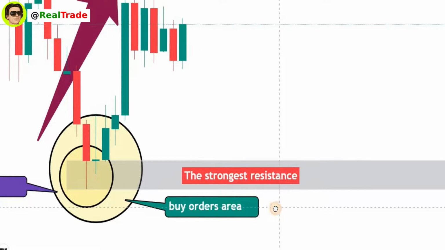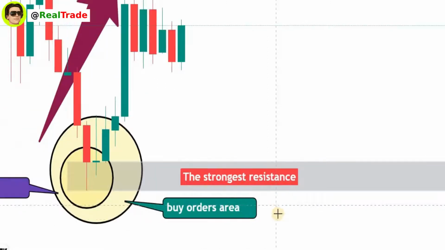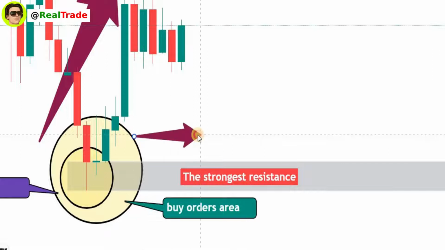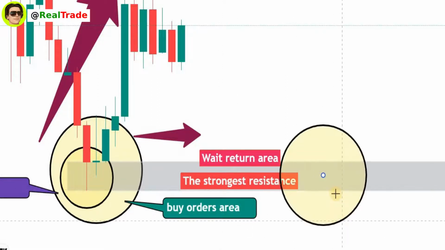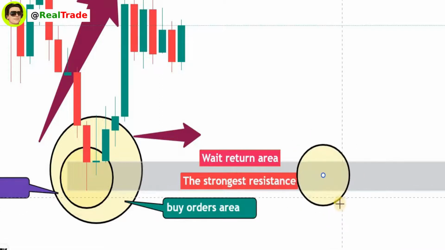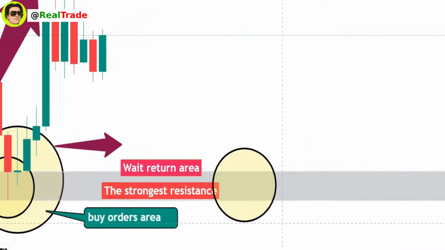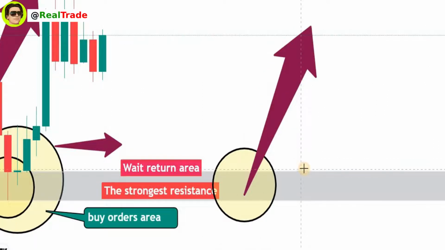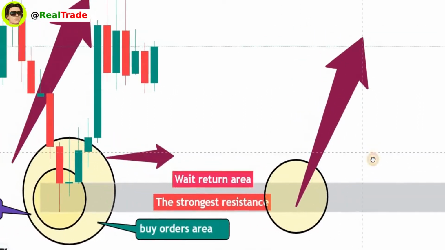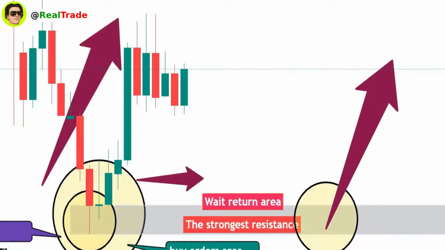On the support zone, I wait return price go buy. Wait return area for price. Yes, this area on the zone, on the support zone. I think price go buy.